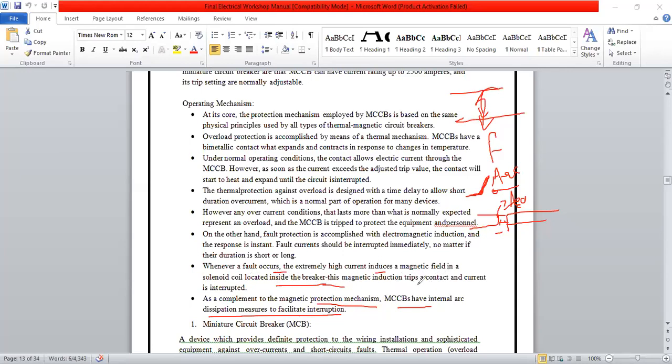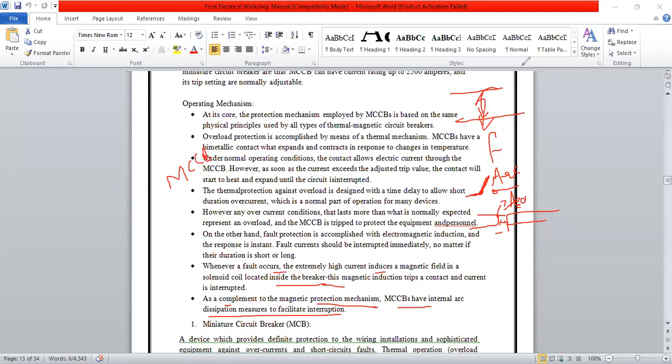This magnetic induction trips the contact and the current is interrupted. As a complement to the magnetic protection mechanism, MCCBs have internal arc dissipation measures to facilitate interruption. Now this is nothing but an MCCB, a molded case circuit breaker.